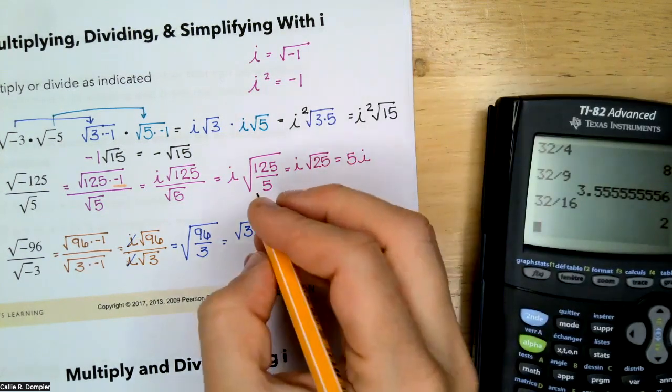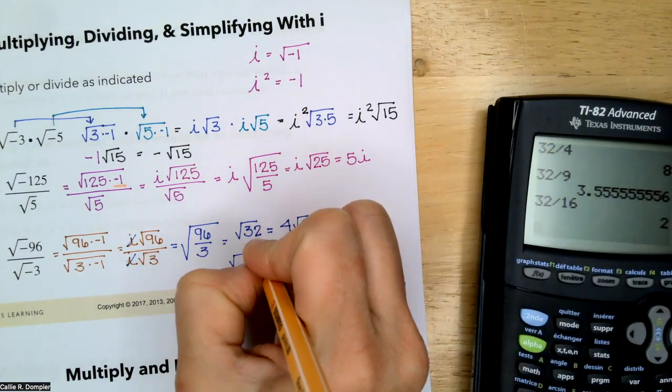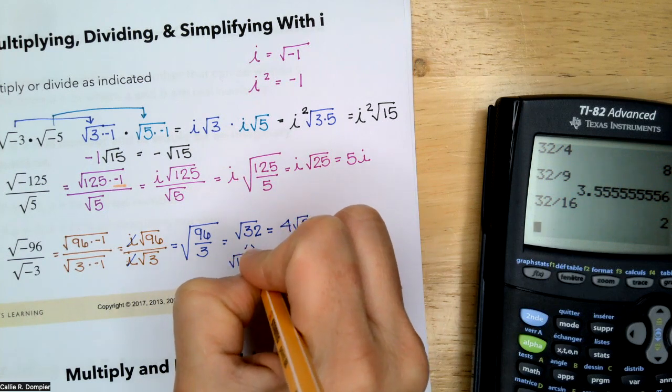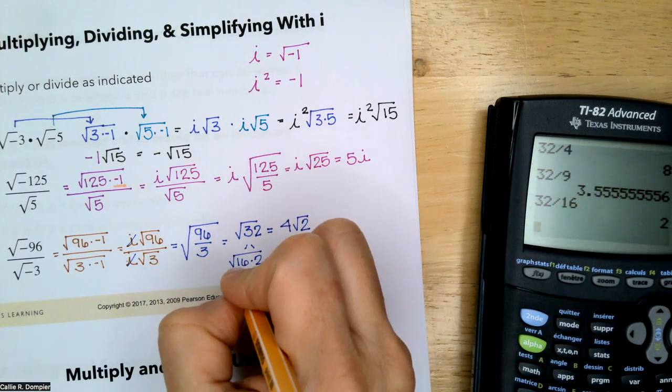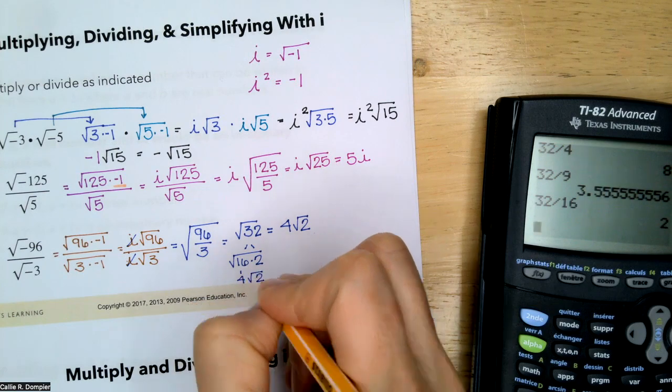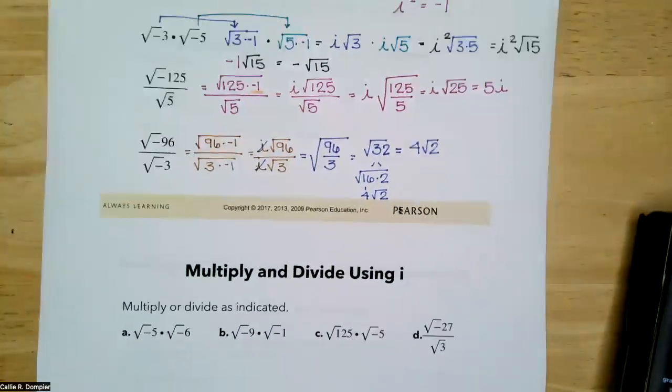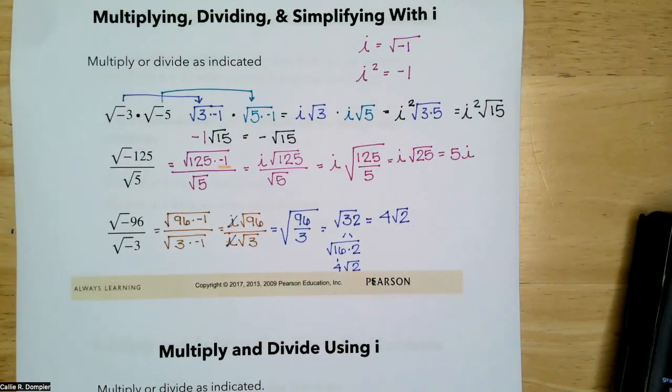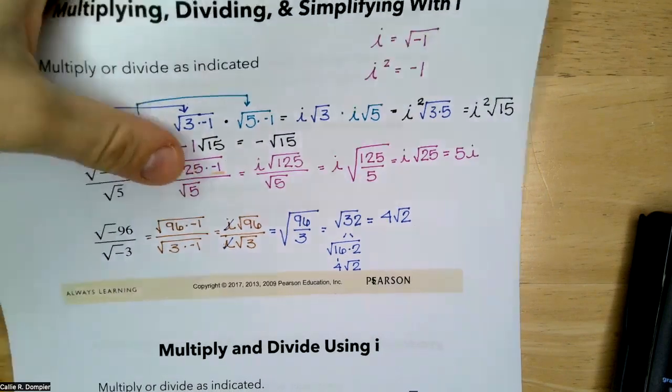Good? Because the square root of 32 becomes the square root of 16 times 2. The square root of 16 is 4. So the 2 stays under the radical. That is, yeah, multiplying and dividing.